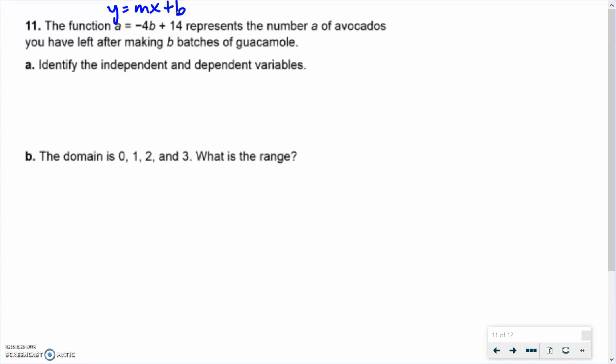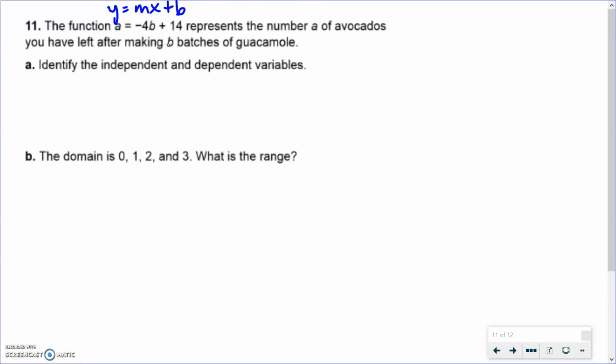So this function, a equals -4b plus 14, represents the number of avocados you have left after making b batches of guacamole. So the number of avocados depends on the number of batches of guacamole.